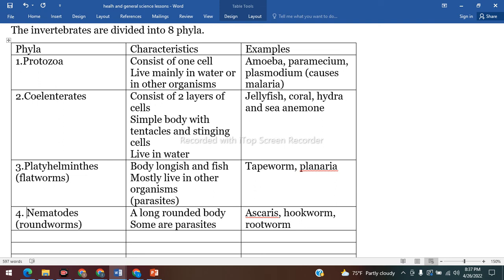Parasites in general. What are parasites? Because they say that these worms are parasites. It's something in your stomach and small intestines. We are in general right now.